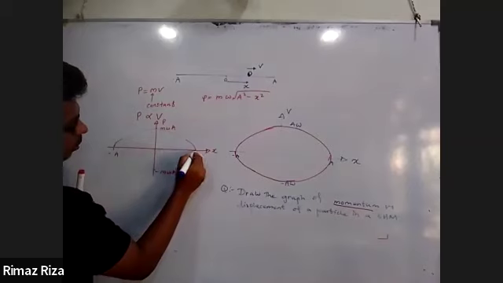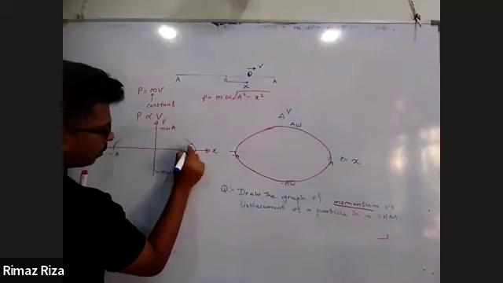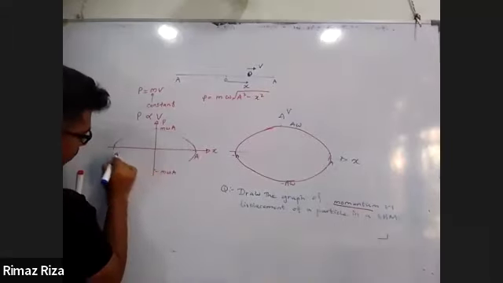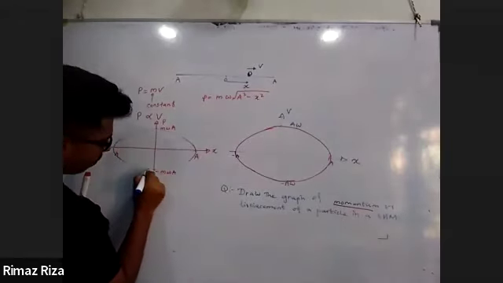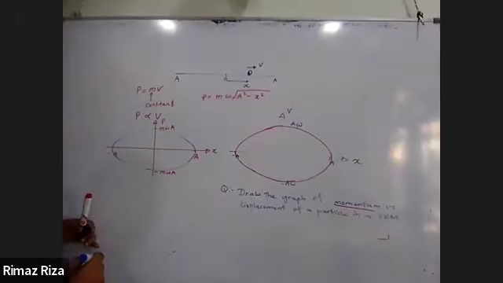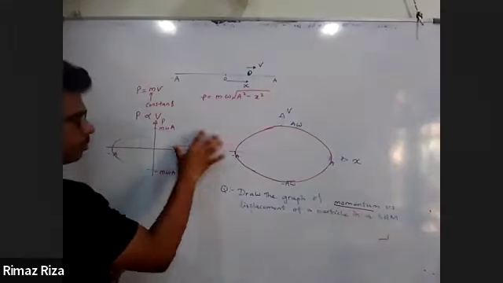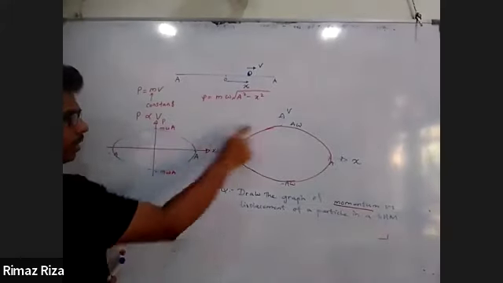If I draw it like this, it's wrong. It shouldn't be pointed, it has to be smooth. So this is the graph. The same variation, but only the values change here.